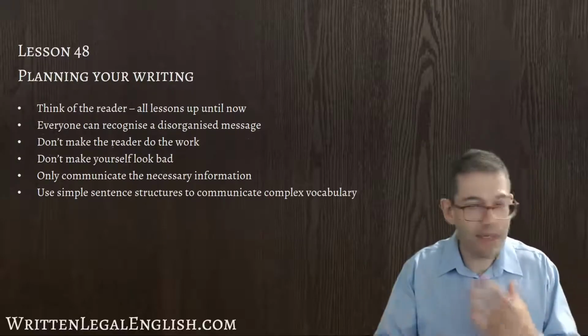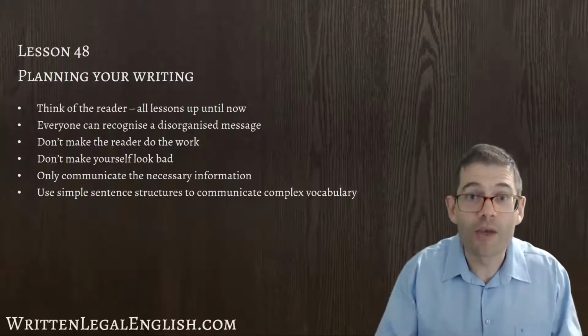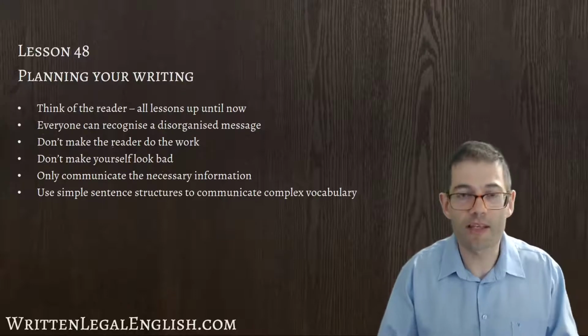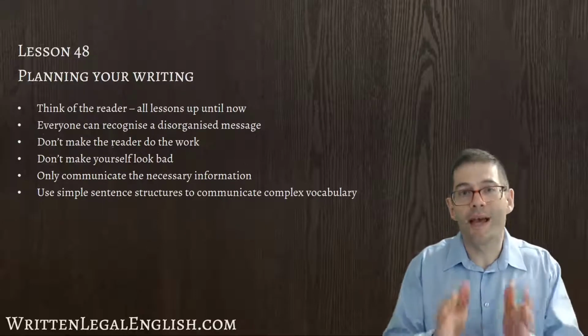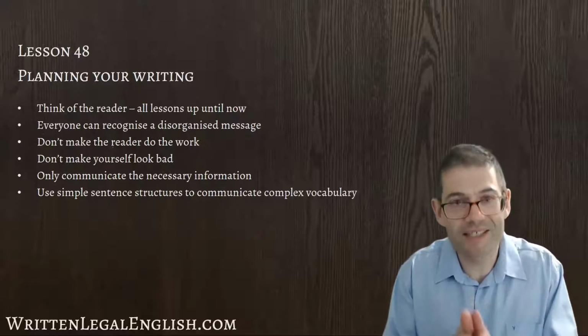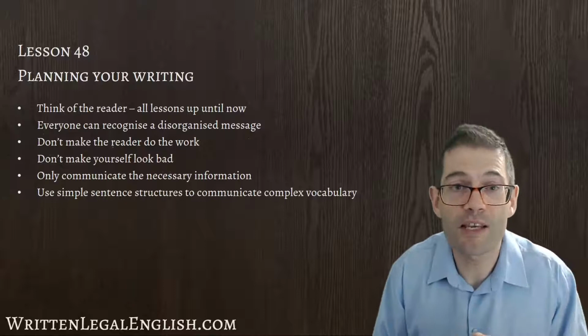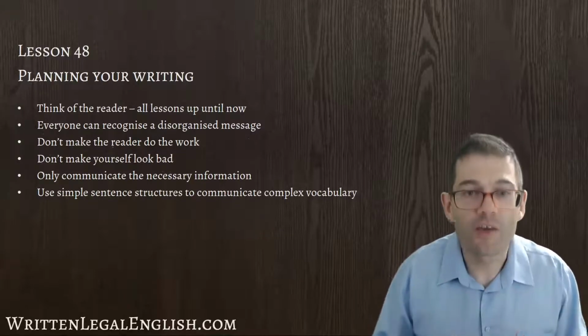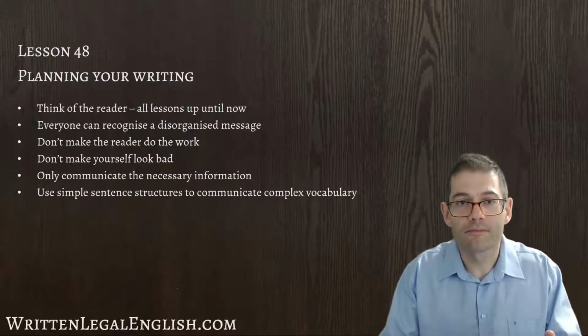Now, when you're speaking, you can talk about lots of different things and the listener will follow you. If you're writing, you want to avoid that approach. Think only about the necessary information and use simple sentence structures to communicate complex vocabulary. Once again, this is something that I've said over and over again. The vocab might be complex, and that's okay.